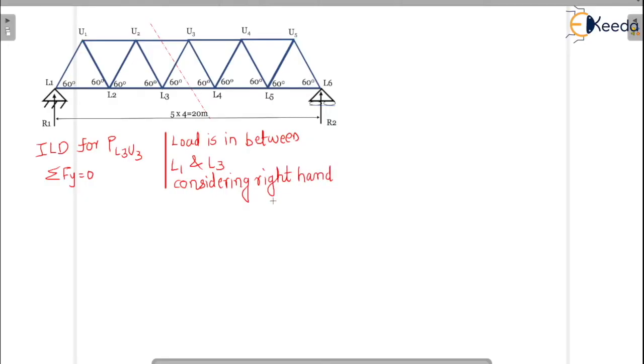So let us do the summation of forces in the vertical direction, now that we have separated it.